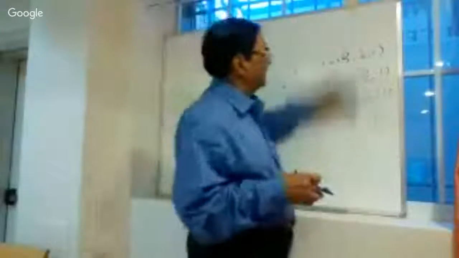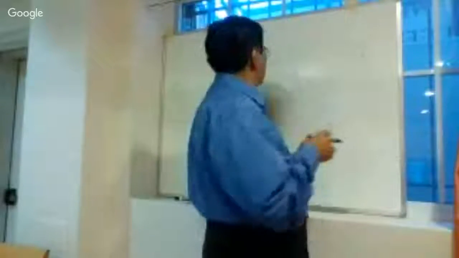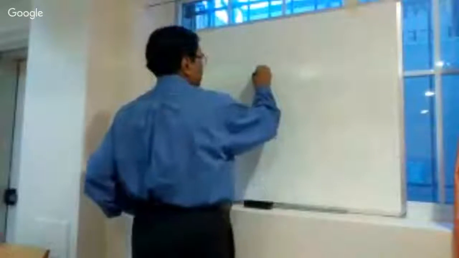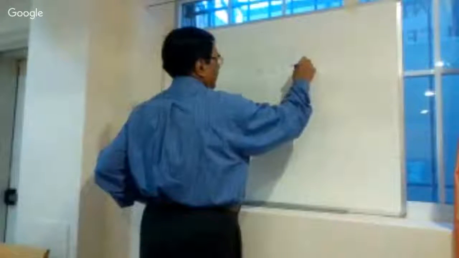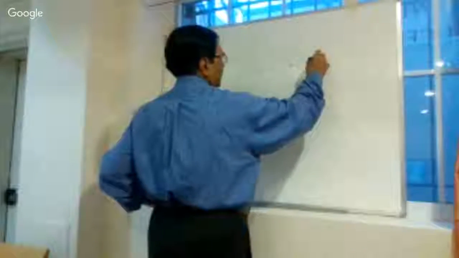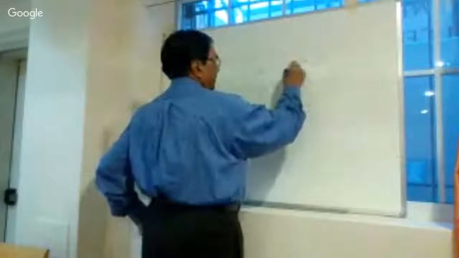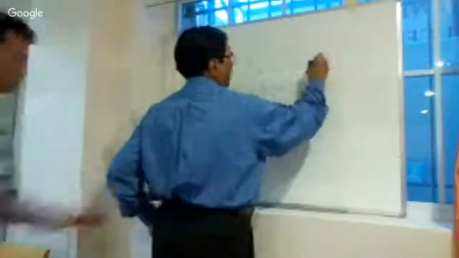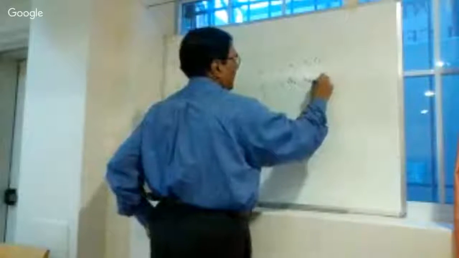Now see here. Alpha is A, B, and 1. Beta is A1, B1, C1, no problem. This went out of focus again.